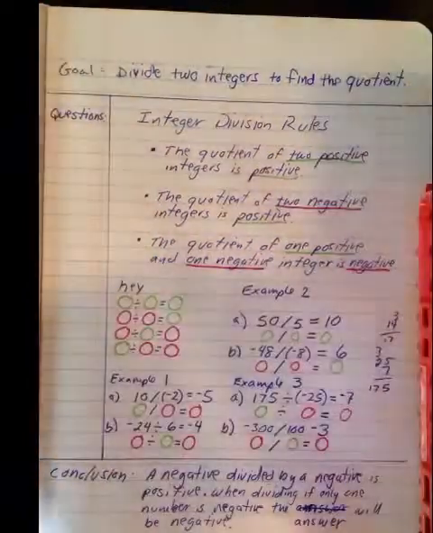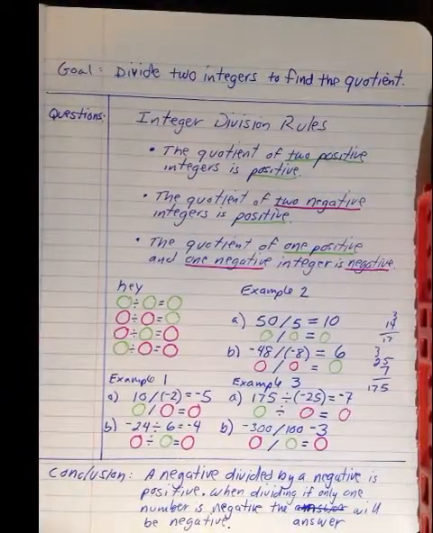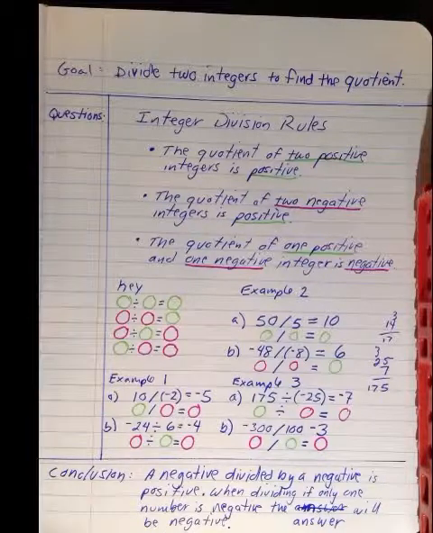So when dividing, if only one number is negative, the answer will be negative. And you could write a question, what is the answer called when we divide? What word do we use? So remember, please write a question.